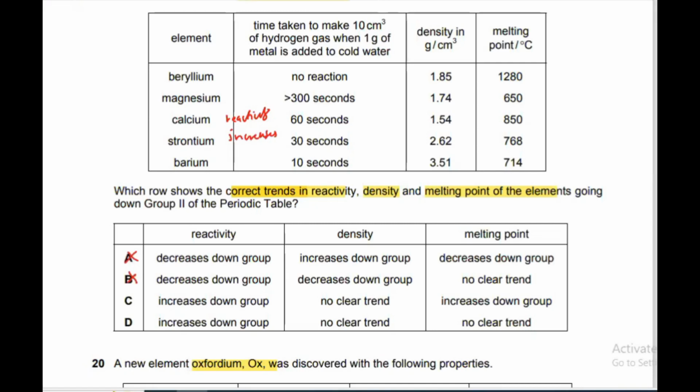As we can see, 1280, 650, it decreases, then increases, then decreases, then decreases. So there is no clear trend in the melting point of group 2 elements. So D is the appropriate answer.